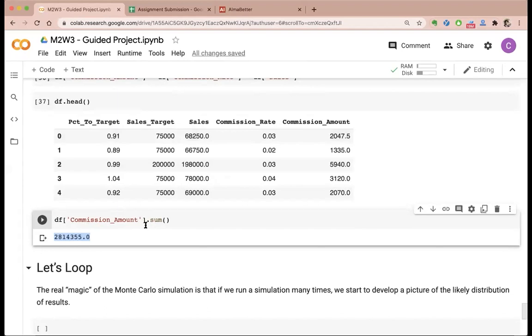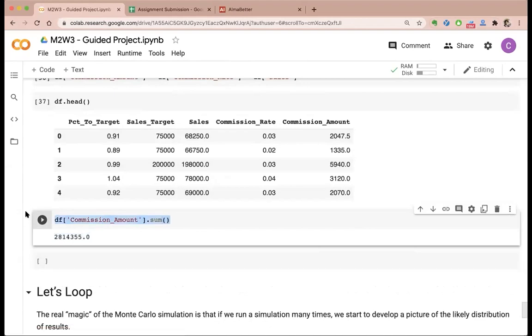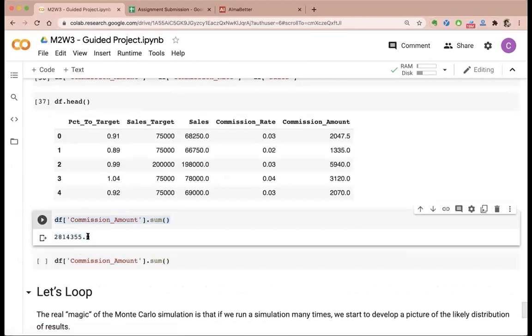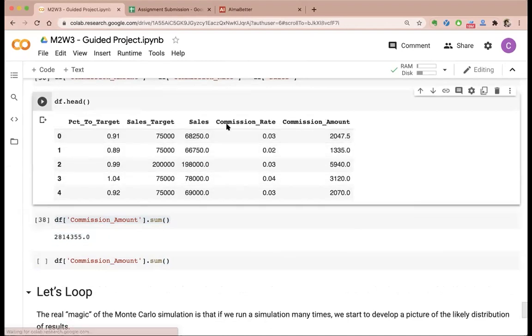So this is the commission amount sum, which is the actual number that you want, but you may want to calculate other such numbers.